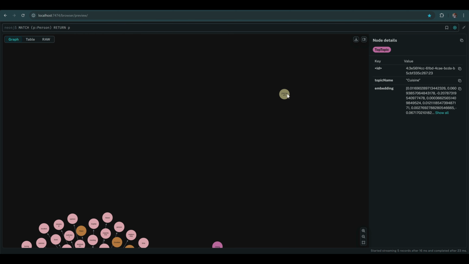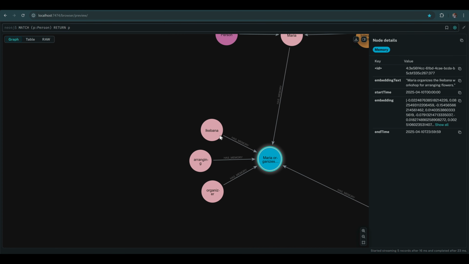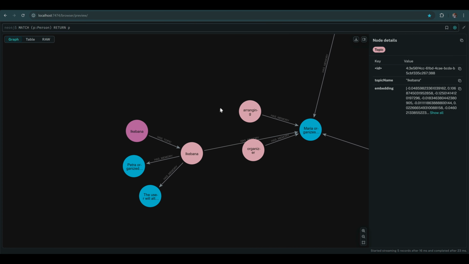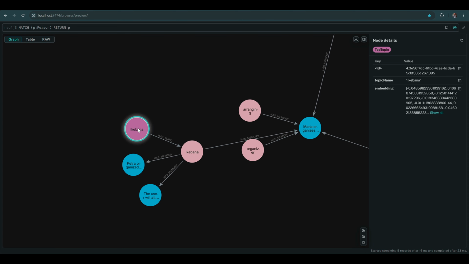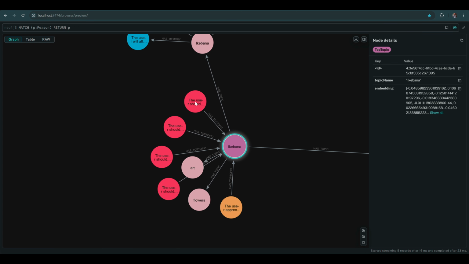Here some other entities. We have Petra, and let's have a look what we have linked to Petra. We have Maria. And then we have regarding Maria something about an Ikebana workshop. Then here we have the topic Ikebana, which has the same top topic, which has then some different things linked.